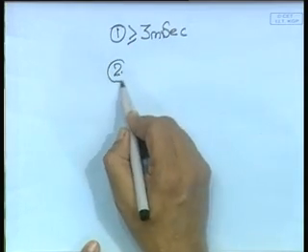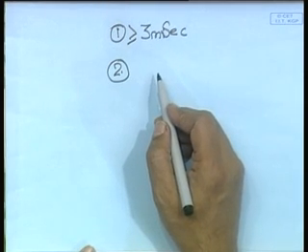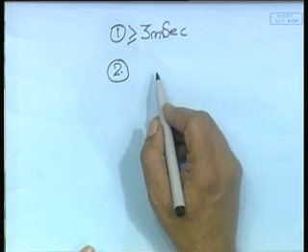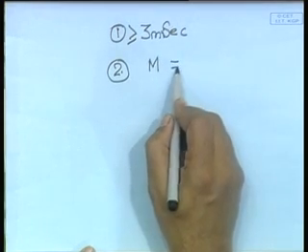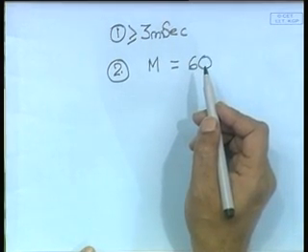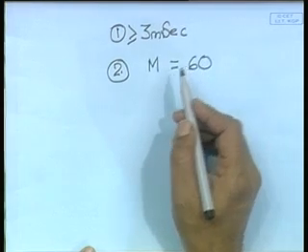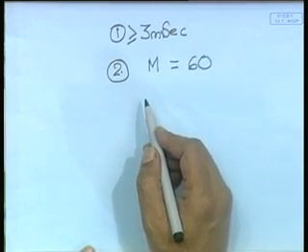Now, what about the major cycle for this? Major cycle is 60. M is equal to 60. Now, what are the possible frame sizes?